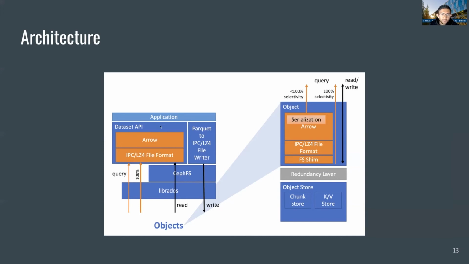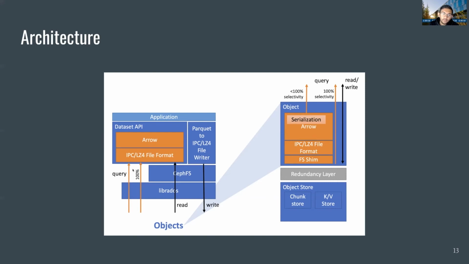But on the read path, we have the dataset API, and using the dataset API, we abstract over the set of Parquet files that we wrote into the Ceph mount, and then we launch scan tasks, where each scan task takes a file, converts the file into an object ID using the striping metadata from Ceph, and then invokes the object class method on that particular object ID.